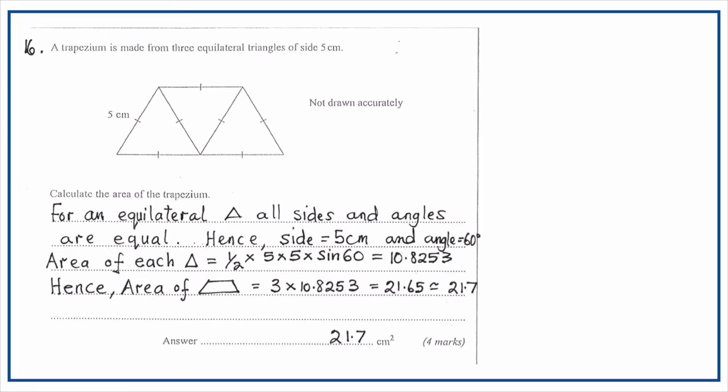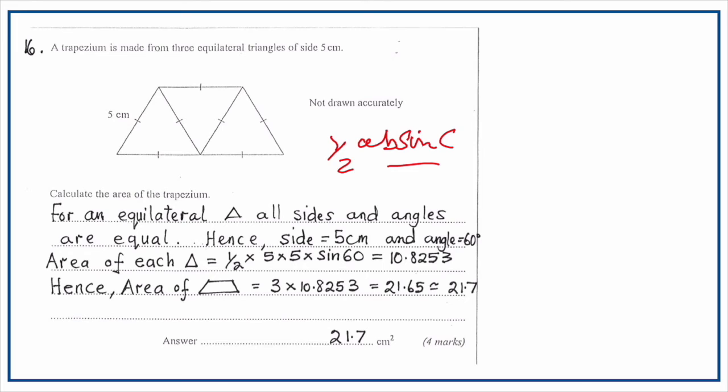Area of each triangle equals half times 5 times 5 times sine 60, using the formula half ab sine C, the area of a triangle. So it's half times 5 times 5 times sine 60 equals 10.8253.